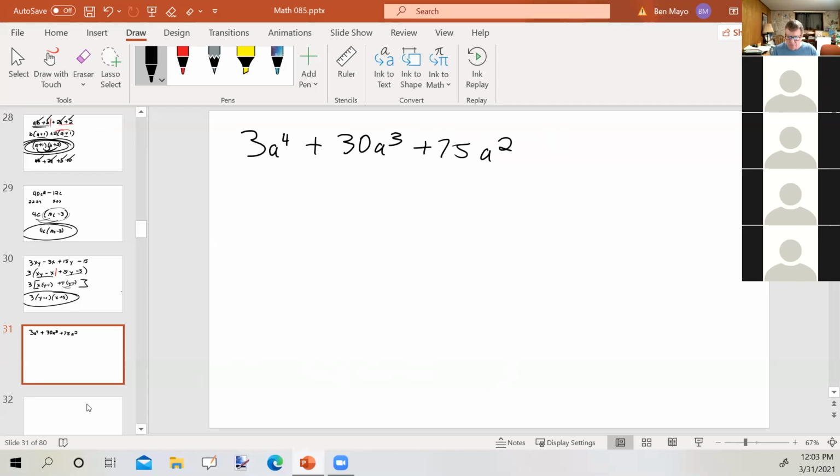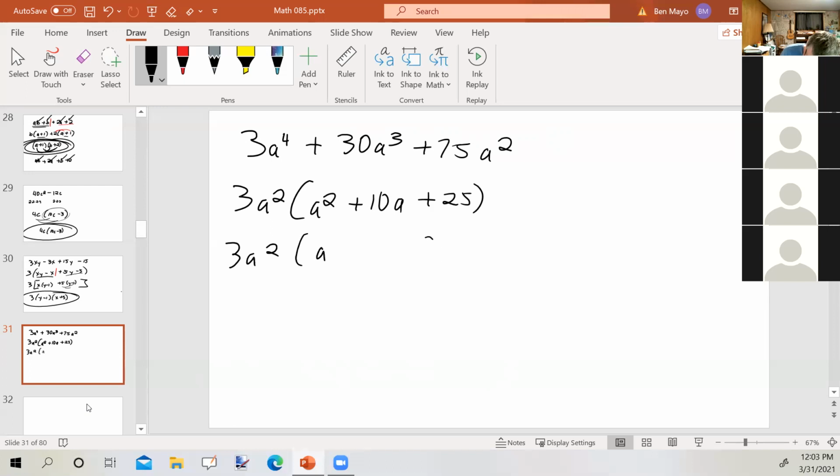It's in standard form. Oh, there's a greatest common factor. I can take out a 3 and I can take out an a squared. So what's left? I've got a squared plus 10a plus 25. And I'm going to split that up further if I can. I'll have an a and an a.